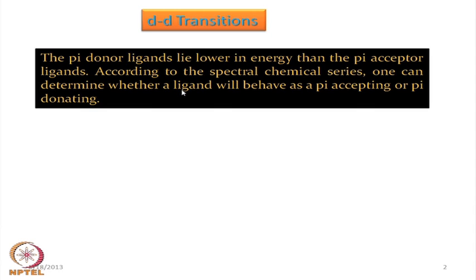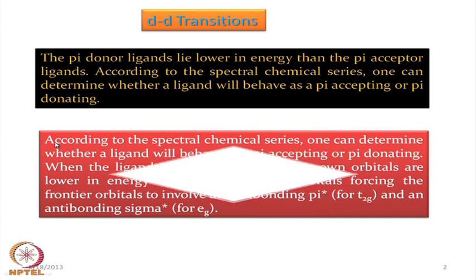But there are some others where pi donor ligands and pi acceptor ligands are also available for donation as well as acceptance of the electronic charge density from the metal ion. So, according to the spectrochemical series, one can determine whether the ligand will behave as a pi accepting or pi donating ligand. So, depending upon the mechanism of electronic charge transition, we can have some ligands as pi acceptor ligands and some as pi donor ligands.